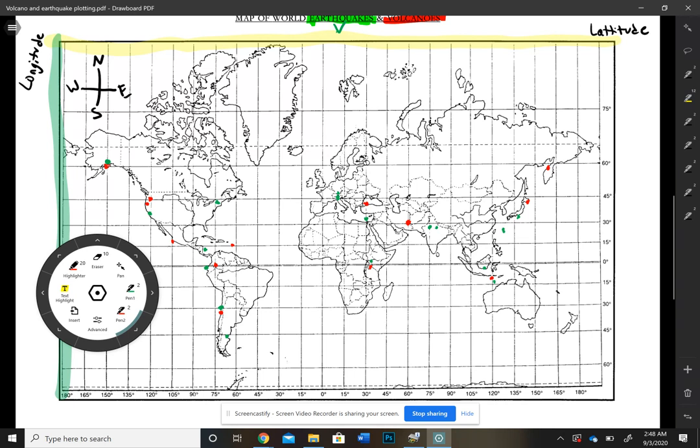41 north, 14 east. Oh, wrong. Right there.